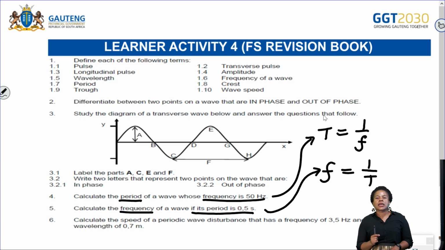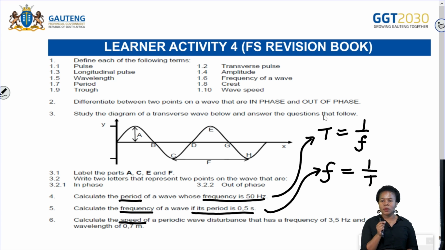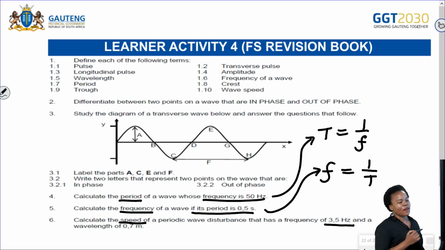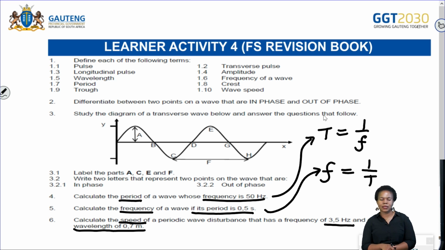All right. Number 5, which is saying calculate the speed. Has to be in meters per second. Okay. Of the periodic wave disturbance that has a frequency of 3.5 hertz and a wavelength of 0.7 meters.